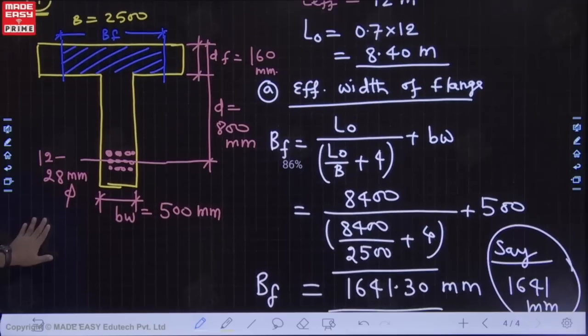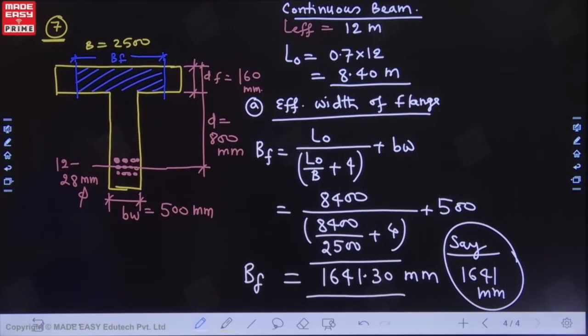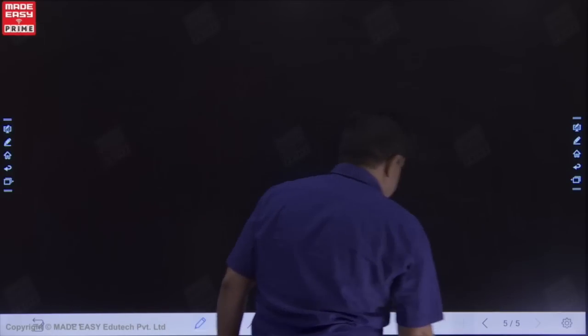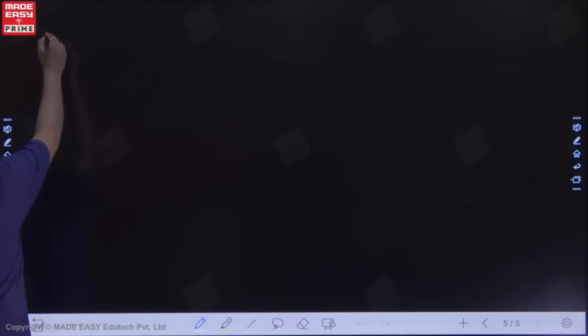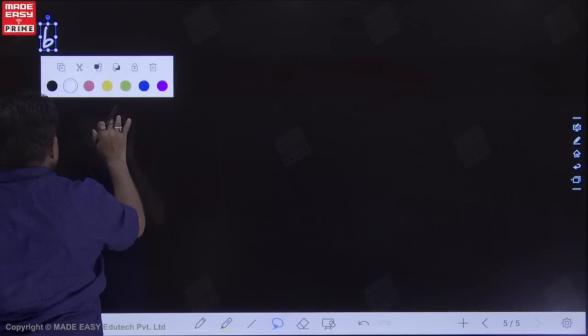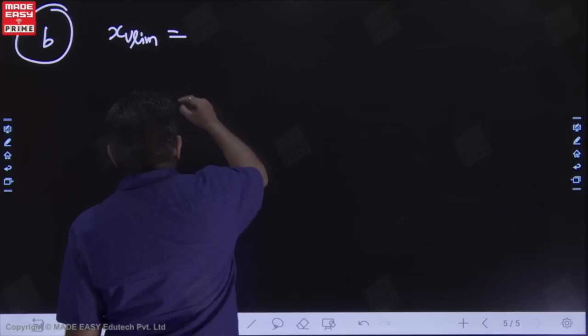Okay, so this was the first part of the question. A, effective width of flange calculated. Now come to the second part. Next, number B, other values are almost similar to whatever we did in previous cases. XU limiting we will calculate. First of all, just to compare the different values, XU limiting.